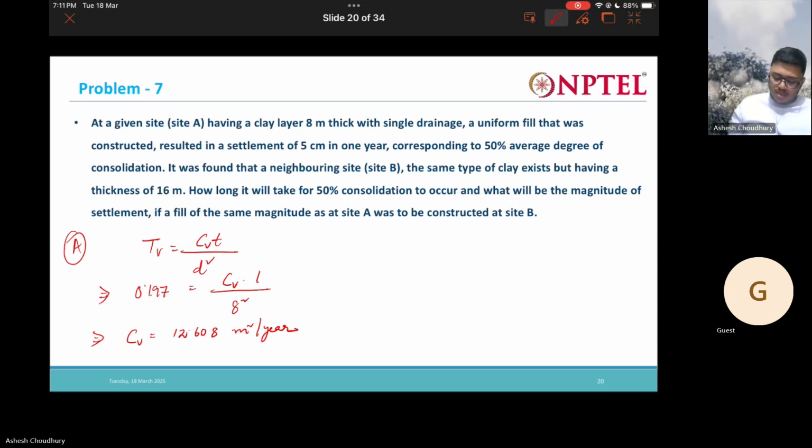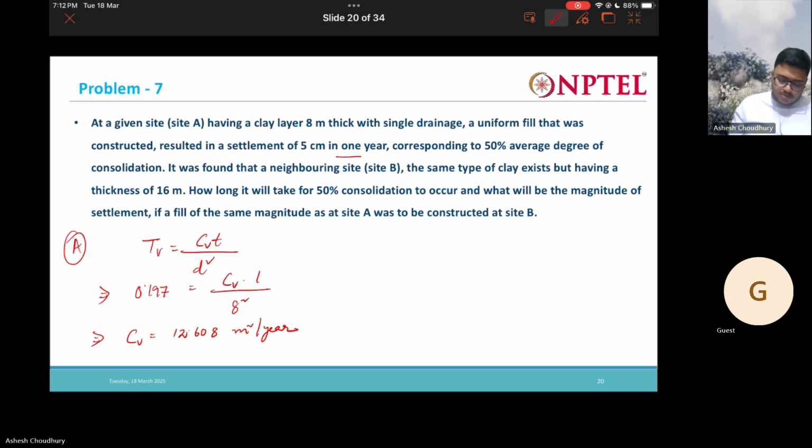So TV I know for 50% is 0.197. T is the time. So in 1 year, so I put 1 year, and D is the single drainage. So directly we'll put the thickness as the drainage path, that is 8, 8 square. From here I can get the CV.